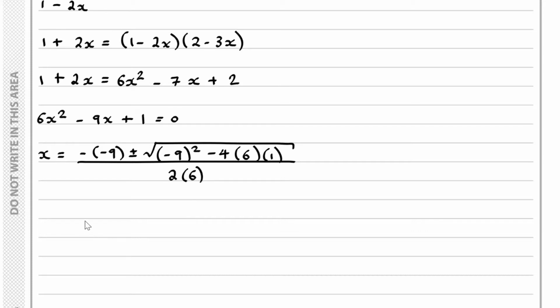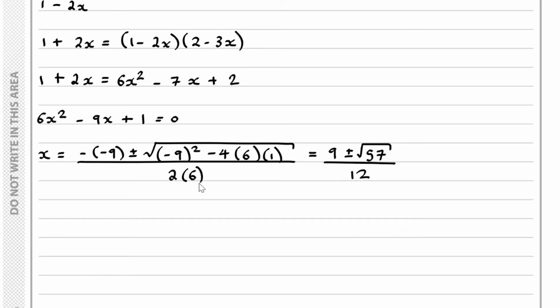Okay, so what you'd find inside the root, we get 57. So you'd find x here to equal 9 plus or minus the square root of 57 over 12.